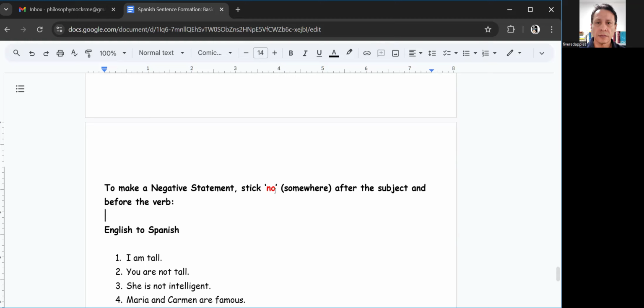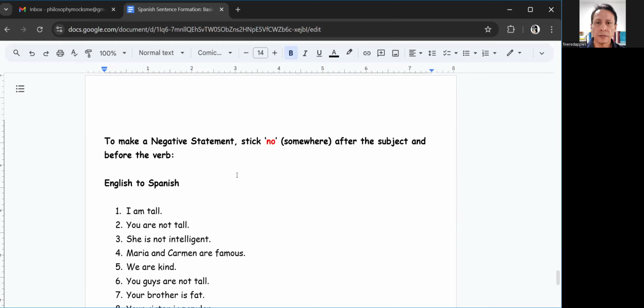Once you start putting in direct object pronouns and indirect object pronouns, it'll go before the verb, but not exactly touching the verb. But for now, since we have simple sentences, there's nothing in between the subject and the verb. So making Spanish statements negative is easier than in English, because in English, we have to use doesn't or don't. In Spanish, we just have to say no every time.